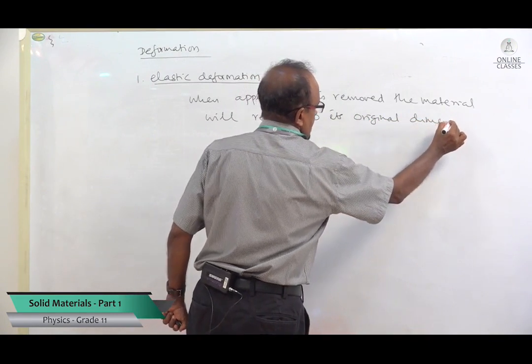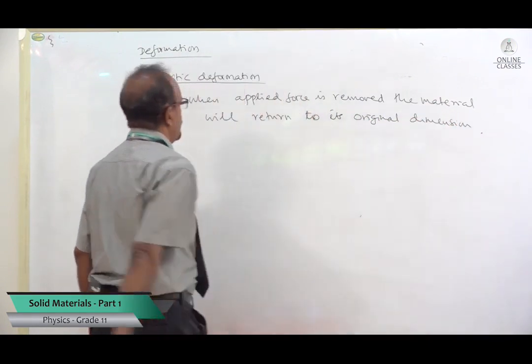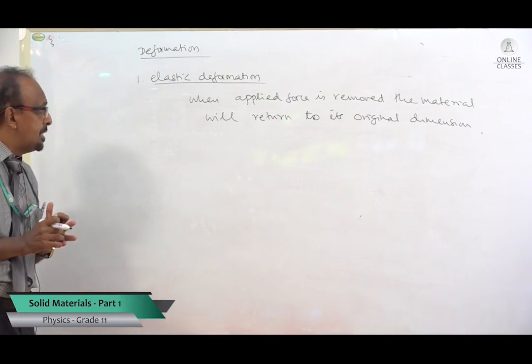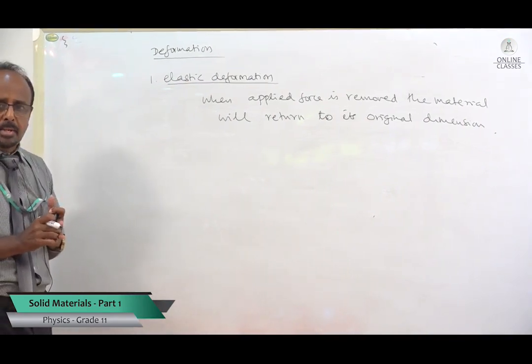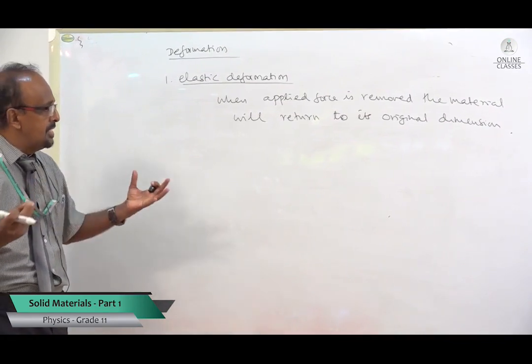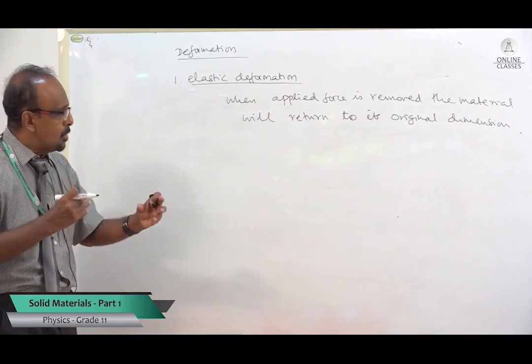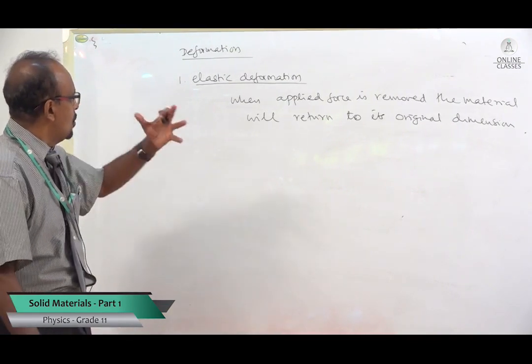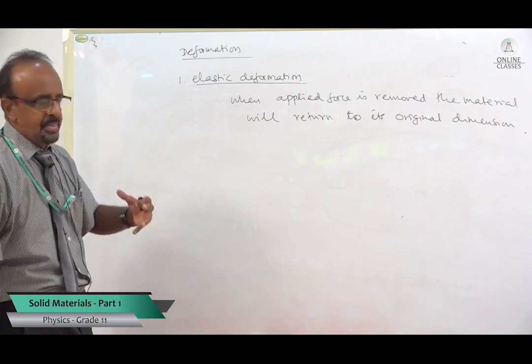So when the applied force is removed, the material regains its original dimensions. If it is a wire of cylindrical shape, it has the same cross-sectional area and same length when force is removed. That is what we call elastic deformation.